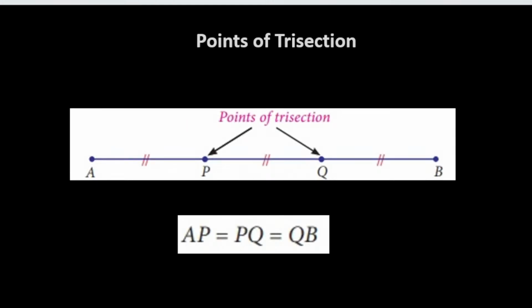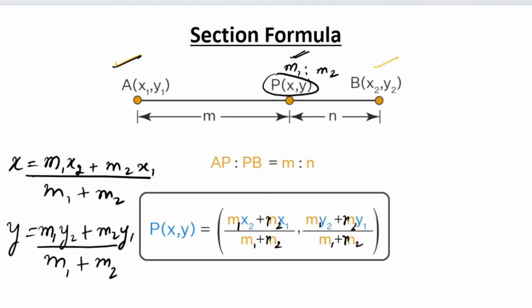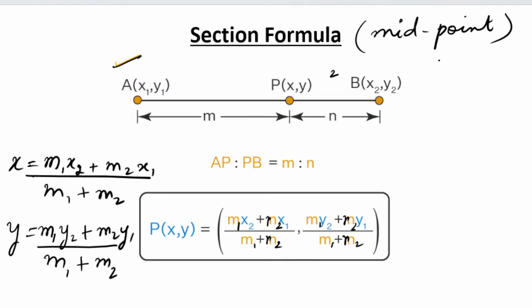The next formula is the midpoint formula. Midpoint formula is a special case of section formula. In the case of midpoint formula, the ratio is 1 is to 1. You just have to remember that m1 is also 1 and m2 is also 1.